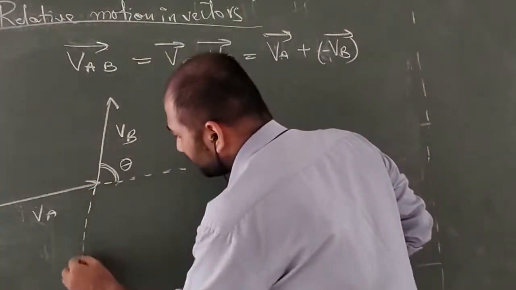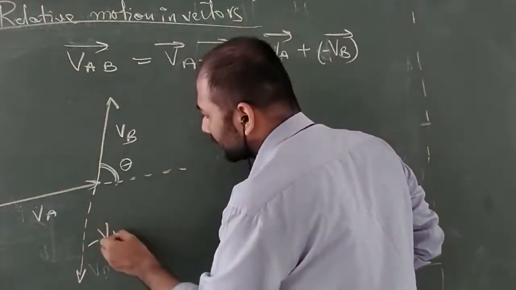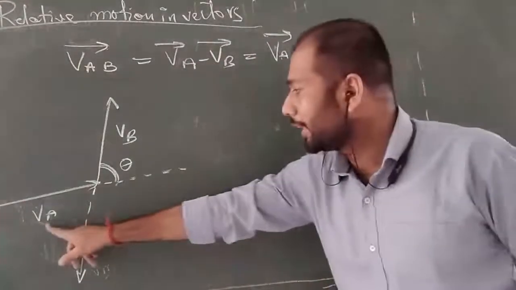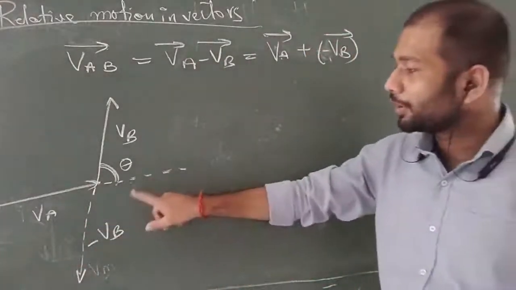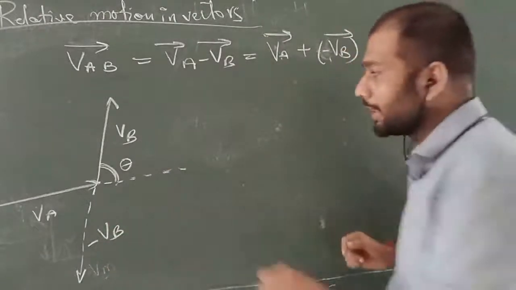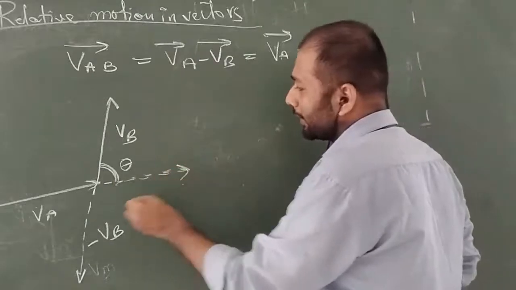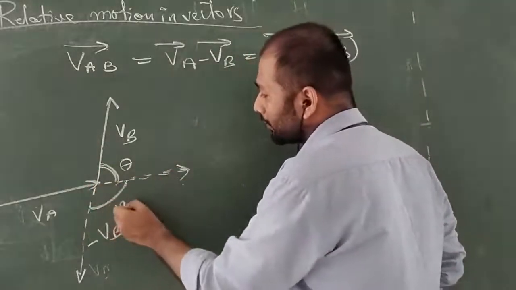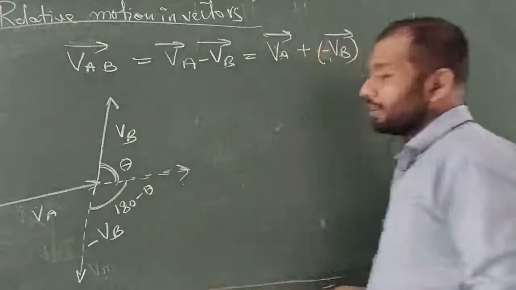That should be like this, that is minus VB, and this is the direction of A. Now if I ask you the new angle between VA and VB, you will extend again here, and this angle, since the whole is 180, is given as 180 minus theta.